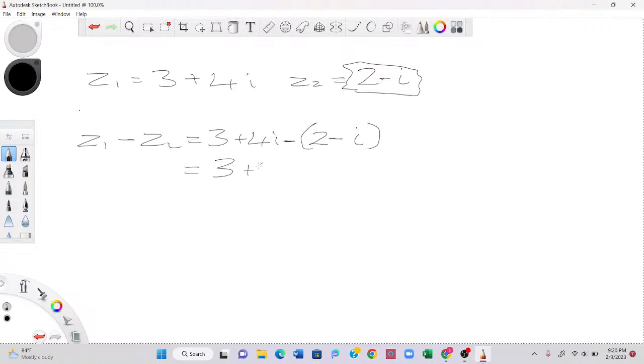So this becomes 3 plus 4i minus 2, and the minus affects this, so it becomes plus i. Grouping like terms: 3 minus 2 is 1, plus 4i plus i is 5i. So the answer is 1 plus 5i. That's all. If you have any question, you can type it in the comment section.